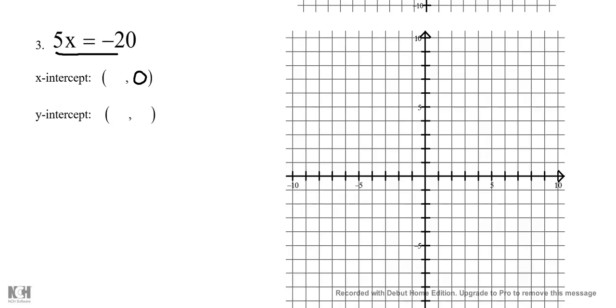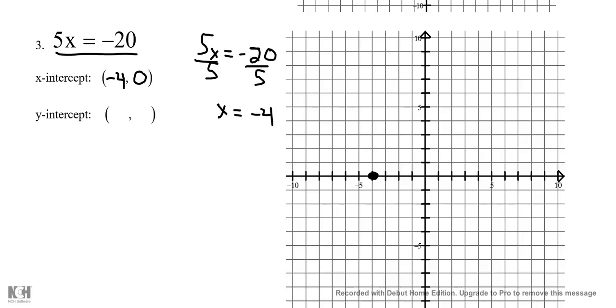Notice the equation 5x equals negative 20. There is no y to plug 0 into. So I just need to go ahead and solve it. So 5x equals negative 20, divided by 5. X equals negative 4. So we know we're going to go through the point negative 4, 0.